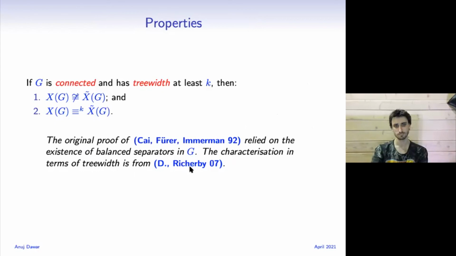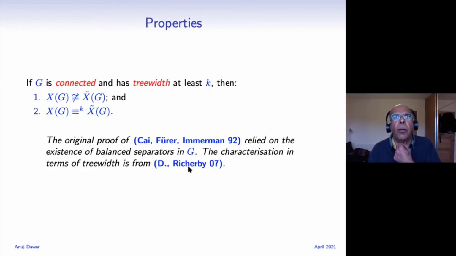We don't have a converse, but I suspect, so tree width is already a strengthening of the original Cai-Fürer-Immerman, but we don't have a proof that if G has small tree width, then you can always distinguish these. We don't have that direction. Okay, thank you very much.